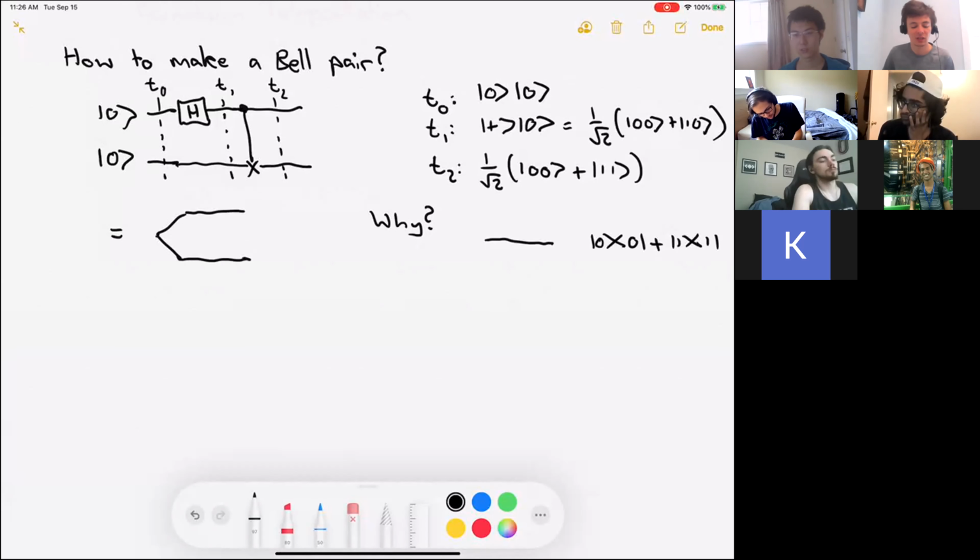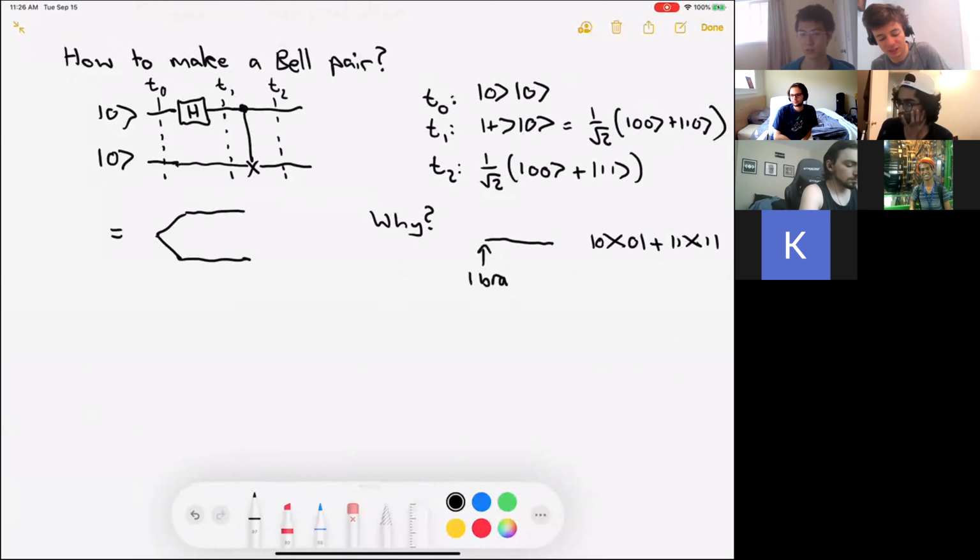So this line is always pointing left to right, so it has one bra and one ket.